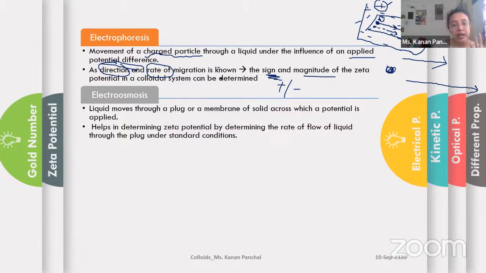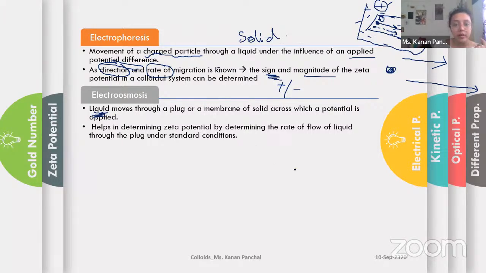Electro-osmosis mein kya hota hai? There is a liquid that moves through a plug or a membrane of solid, to which a potential difference is applied. Fine. So यहाँ पे solid is moving. यहाँ पे your particles are in a solid form. यहाँ पे your sample is in a liquid.